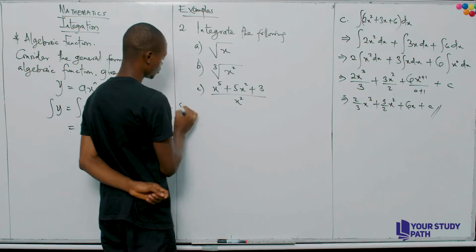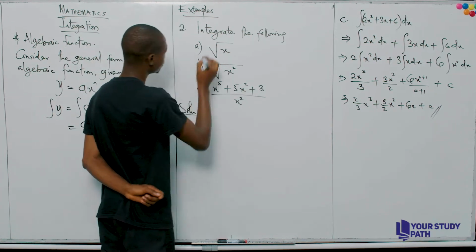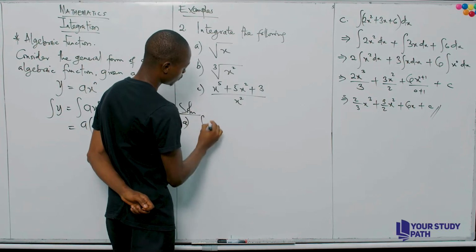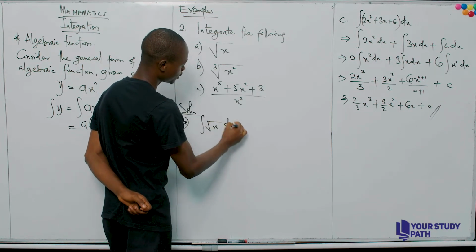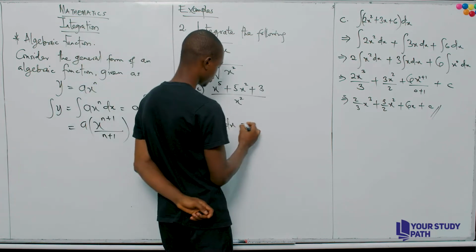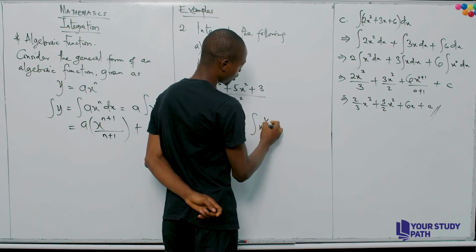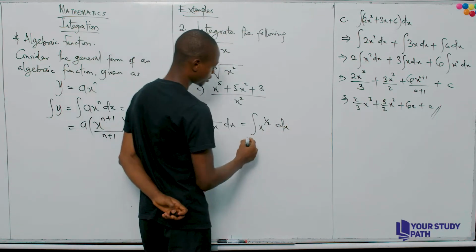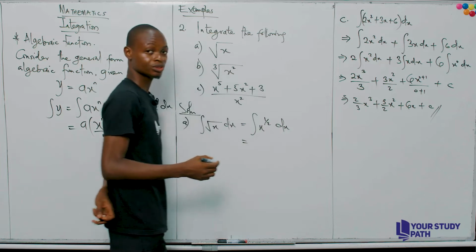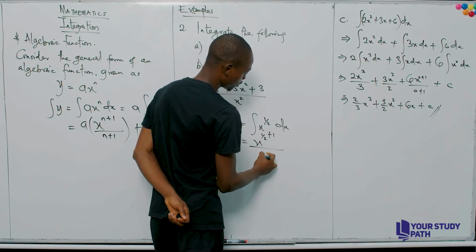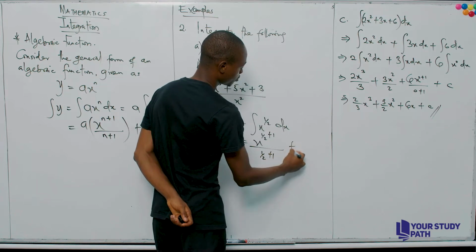First question, integrate root of x. I'll have the integral of root of x dx. I can write root of x by my knowledge of indices as the integral of x raised to half dx. So if I carry out the integration process, I'll have x raised to 1 over 2 plus 1 divided by 1 over 2 plus 1, plus c.